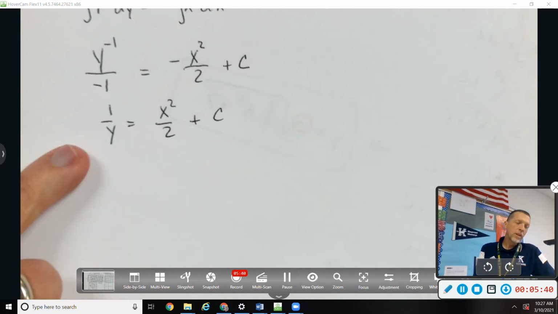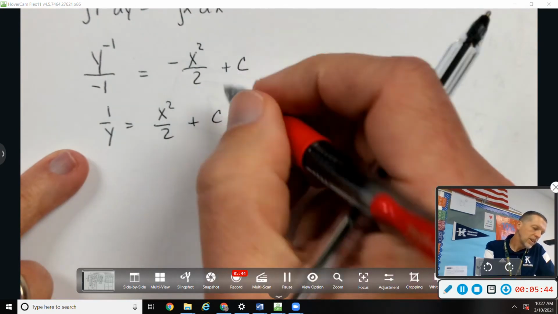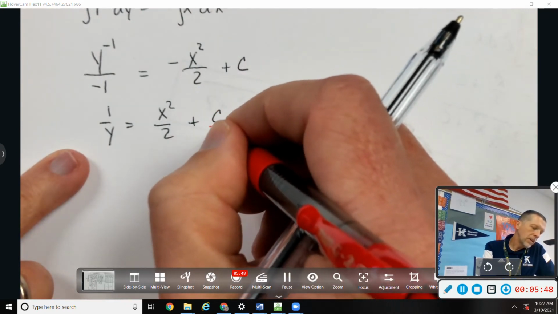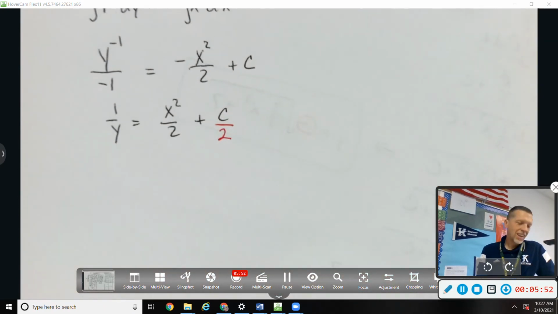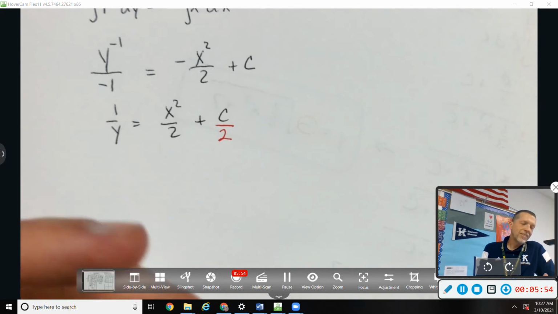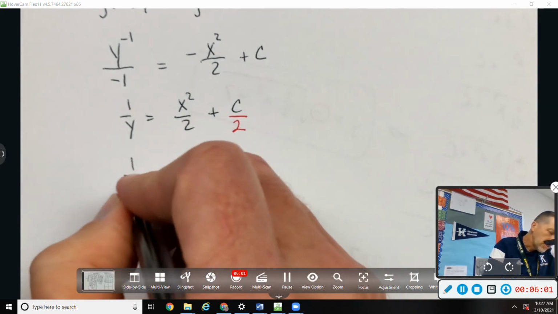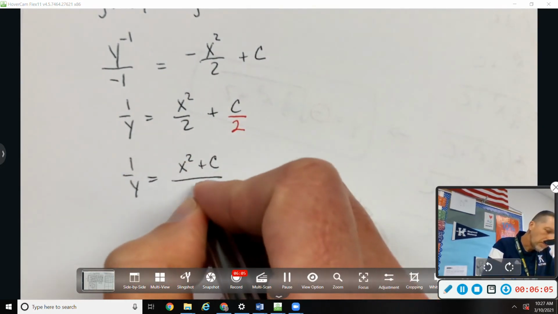I would like to flip both sides of this, but I can't flip this side until it has a common denominator. So I'm just going to put it over 2, and that changes c again. But I still haven't assigned a value to c, so I can do that. So 1 over y equals x squared plus c over 2.